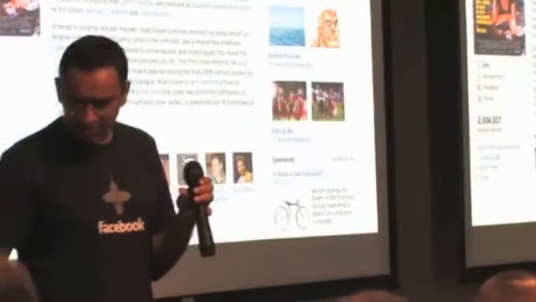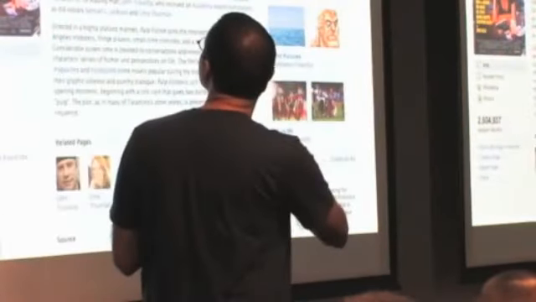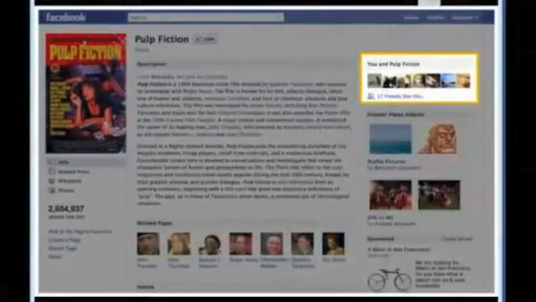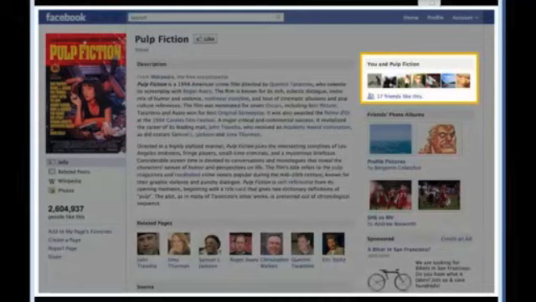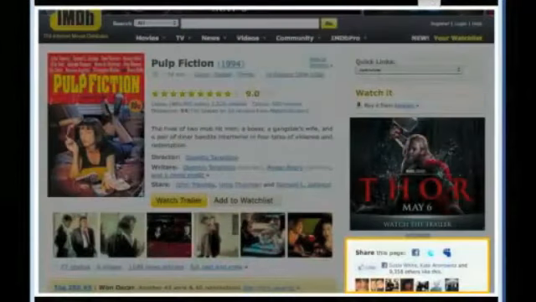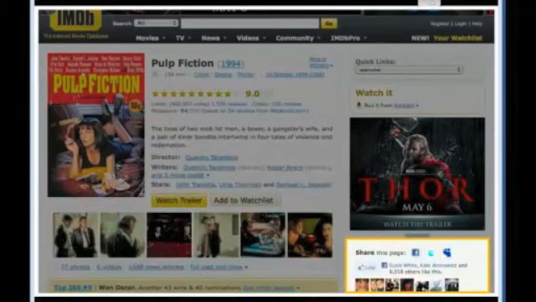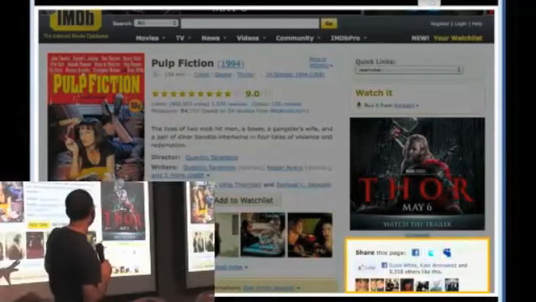Great. So here's an example of what I mean. This is a page about Pulp Fiction, and this is a page on Facebook. If you look at the top right, you see a bunch of my friends actually like this particular page. And this is the same page on IMDb, and you can see a similar set of friends.